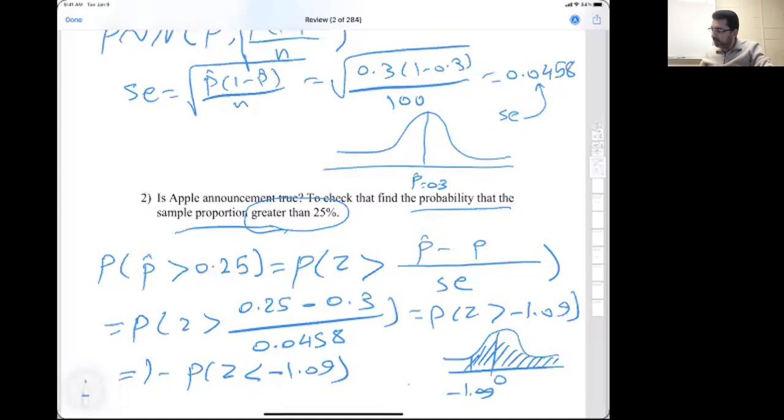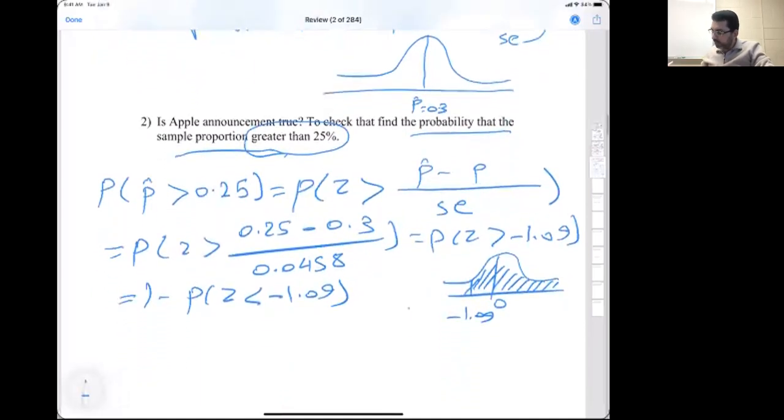So in this case, we go to the table and find the area to the left, and then we subtract it from one, so we have the area to the right.